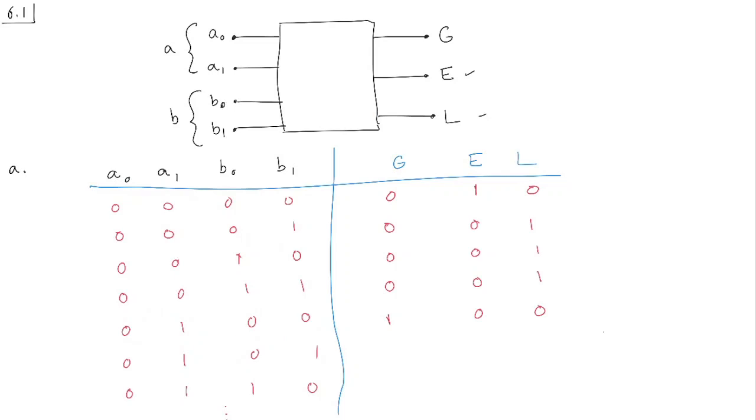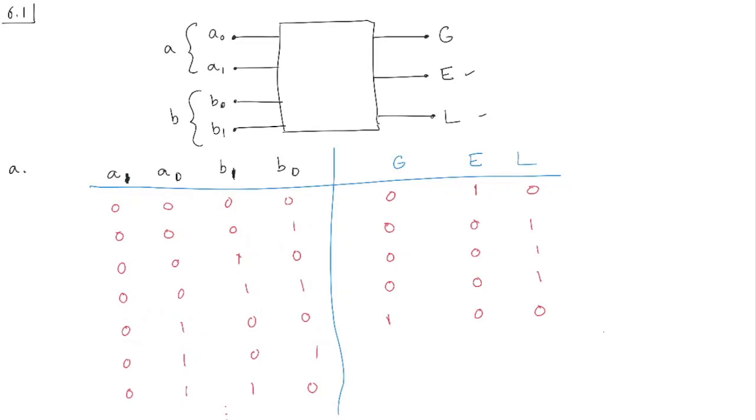Okay, wait a minute, I've been making a small mistake here. I've been saying that B is 1. Actually it's B1 that is 1. So what I'll do is make this B0 and then make this B1. A0, A1, and then what I was saying would be right.